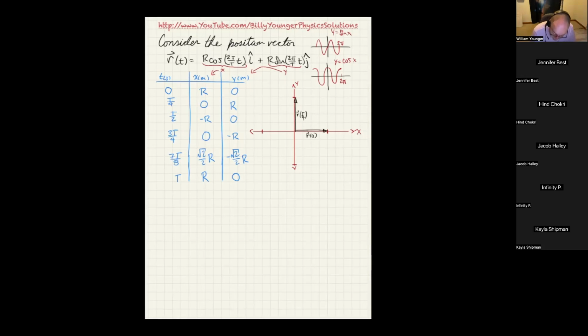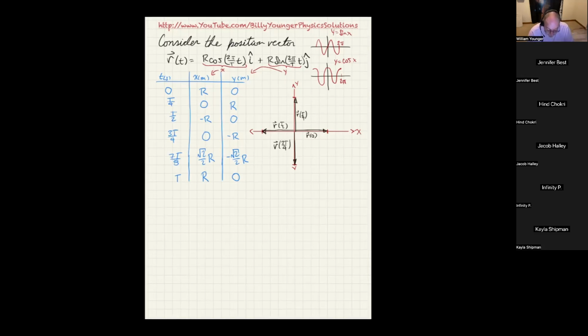Then r of T over 2 is going to be that one. And r of 3T over 4 is going to be that one.